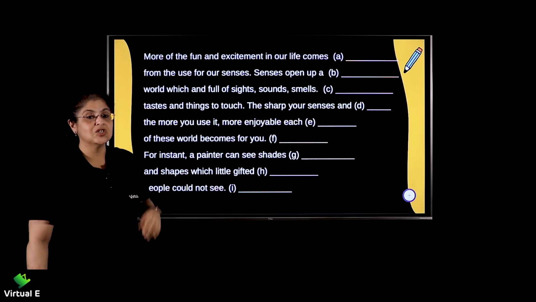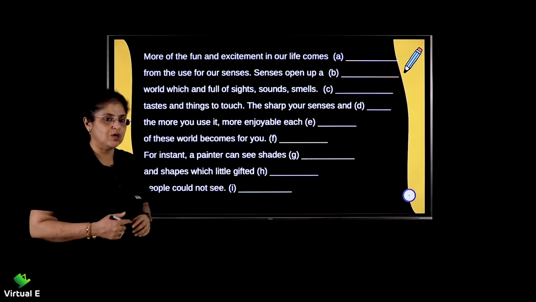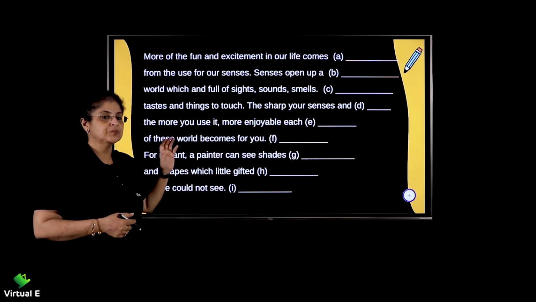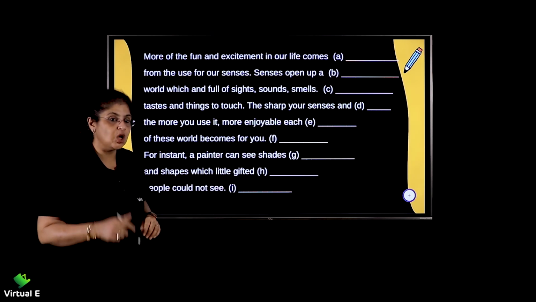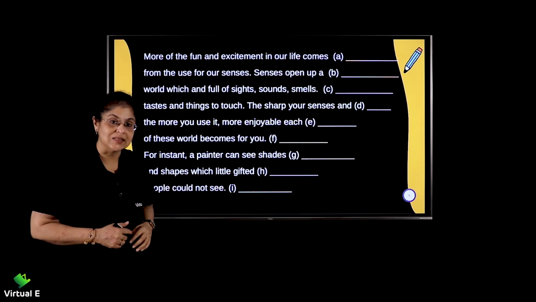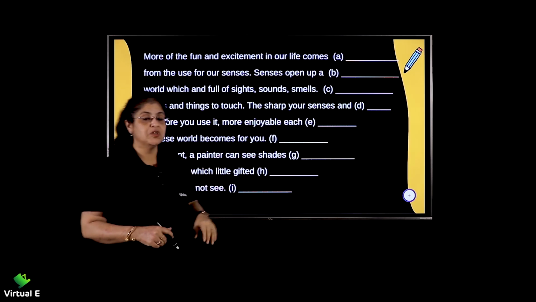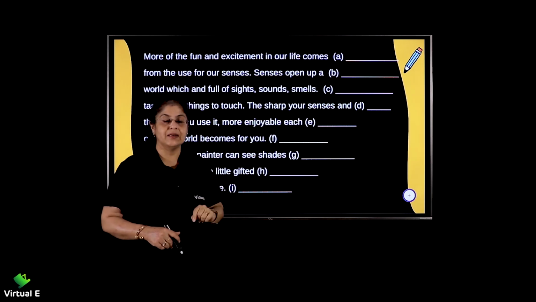Here we have the passage and you are going to solve with me. But before I go, do you want to do it? You can pause the video, read it, try it, solve it, and then resume the video to get the answers, right?